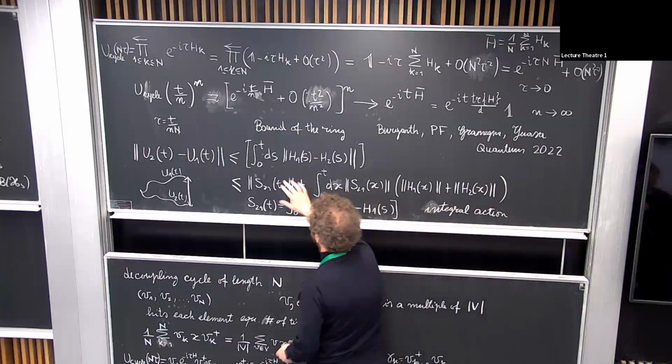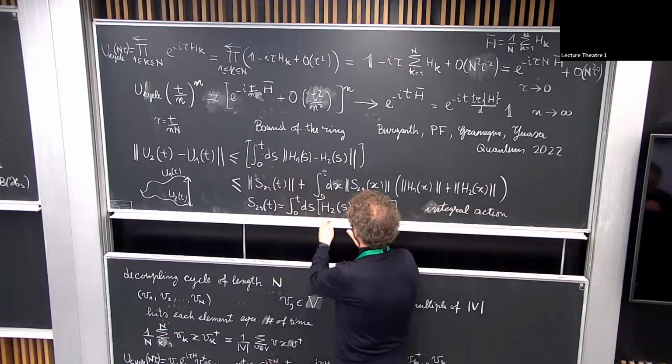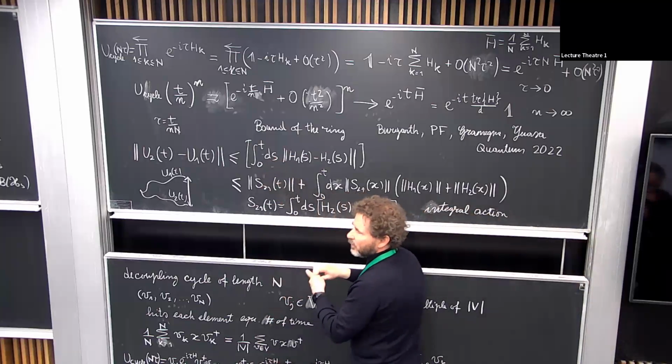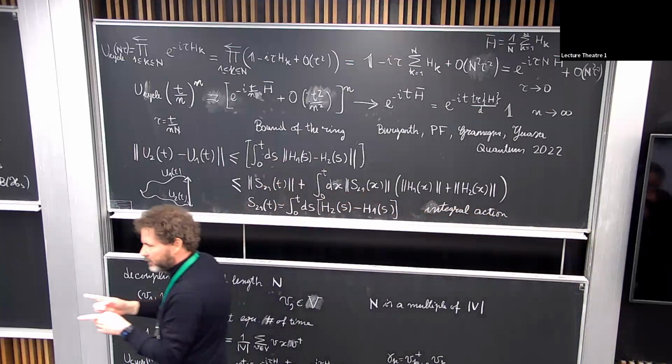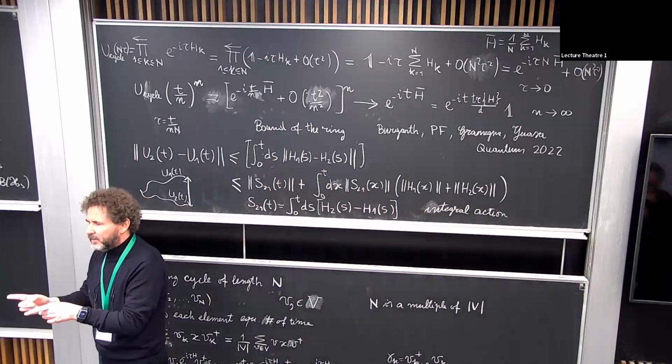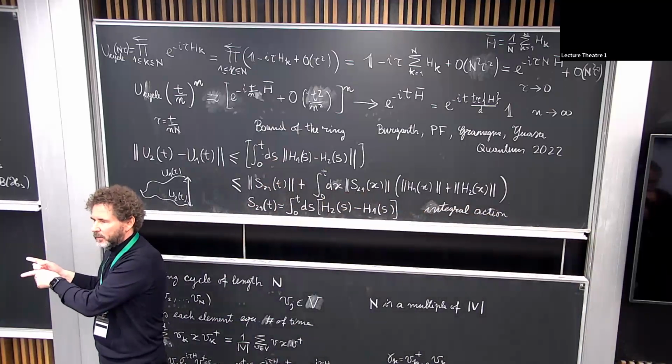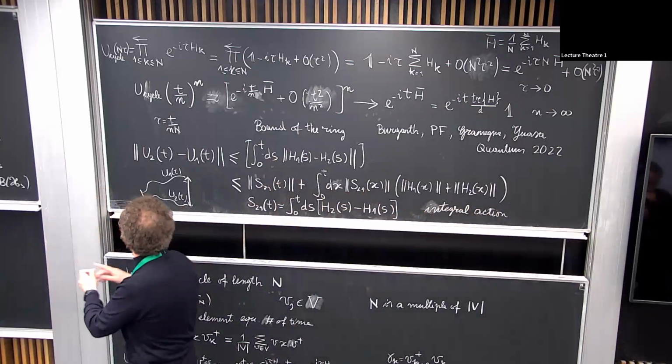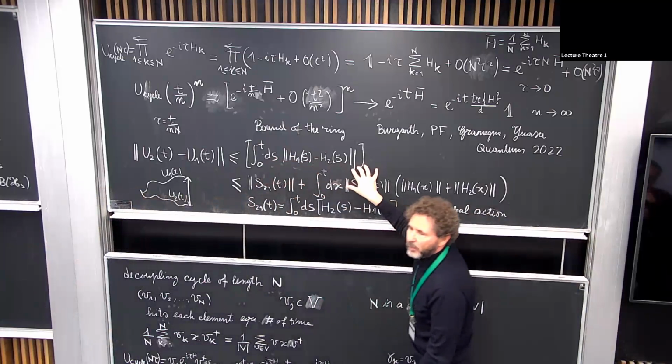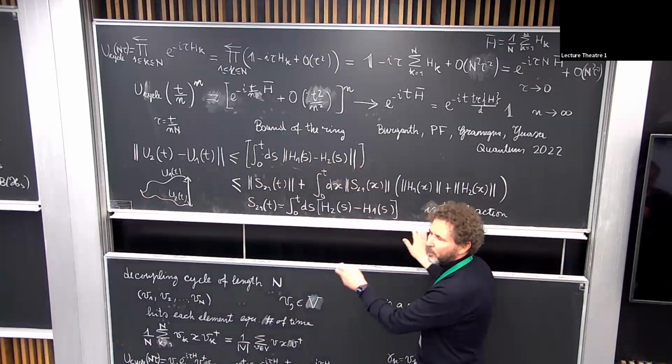What I mean is that the contribution of this difference over a certain period of time can compensate the contribution over a different period of time. At this level, this is impossible because this is positive. But here you can have compensation.